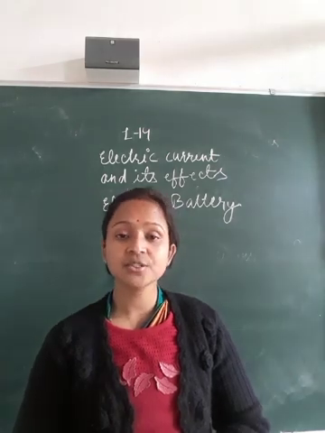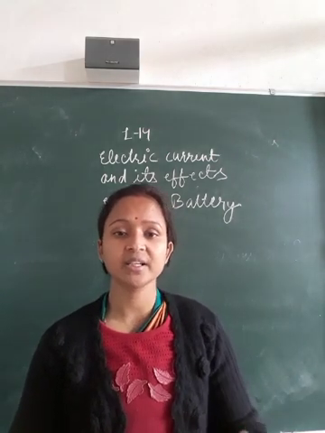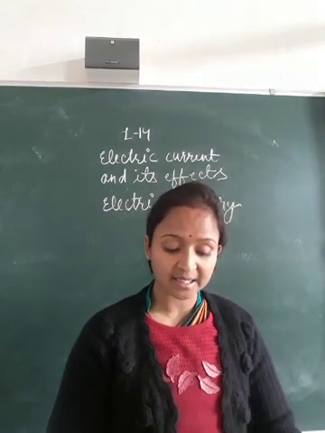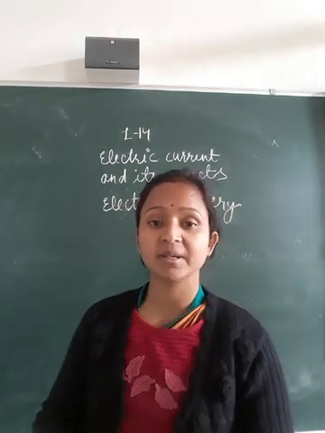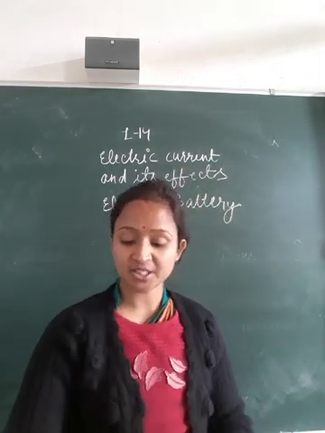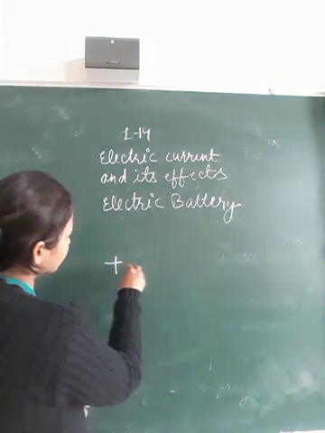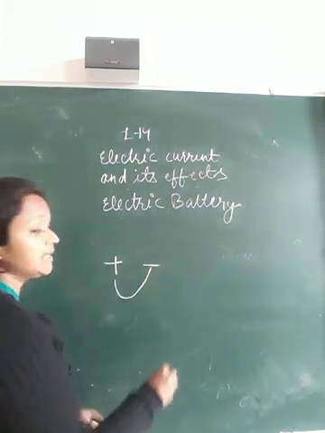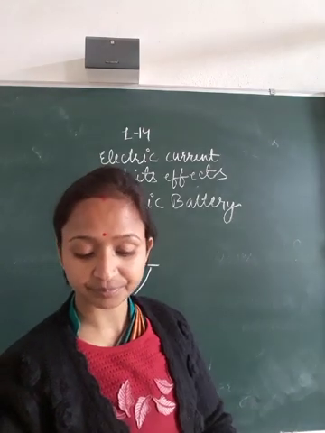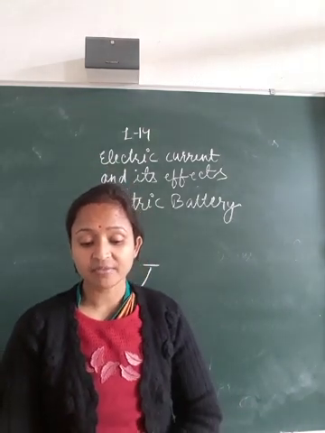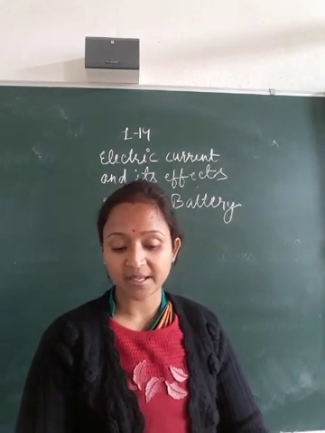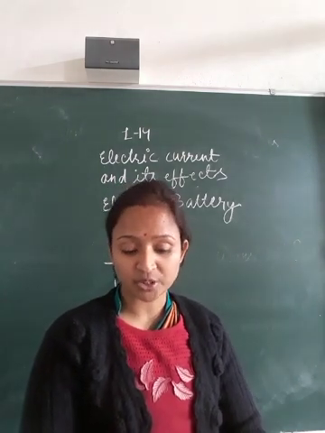Battery with cells in series: how is it connected? In this kind of battery, the individual cells are connected in such a way that the positive terminal of one cell is connected to the negative terminal of the other cell, so that we have one free negative and one free positive terminal, as shown in figure 14.2a.